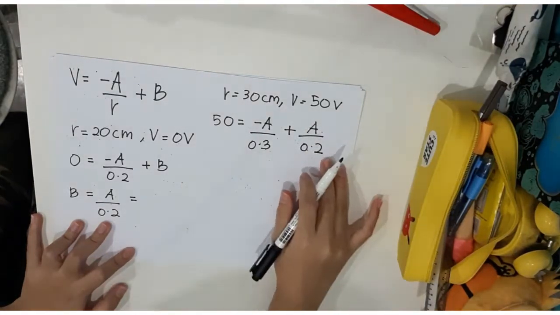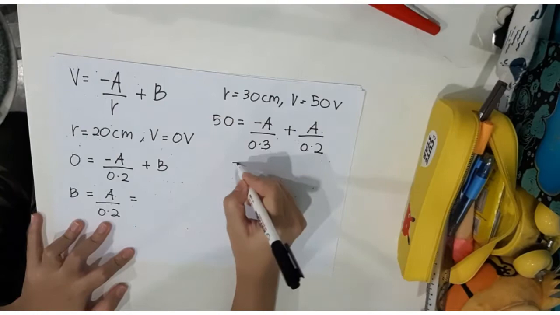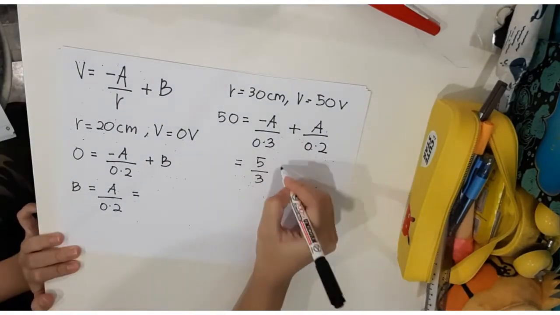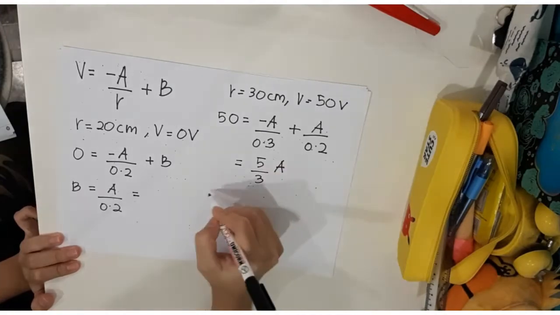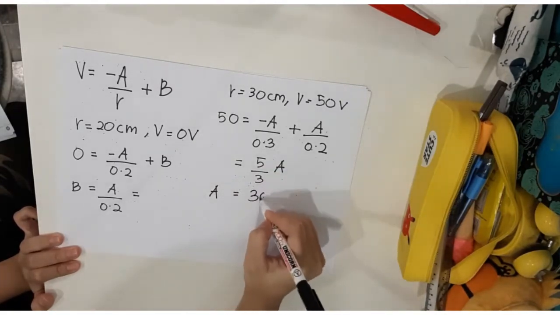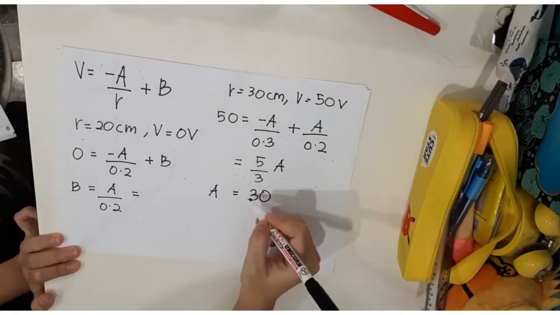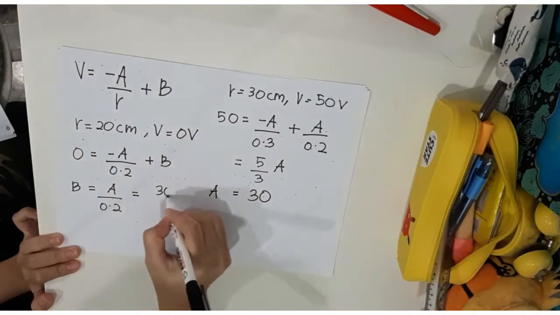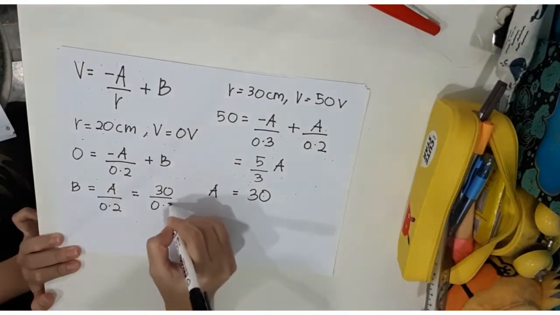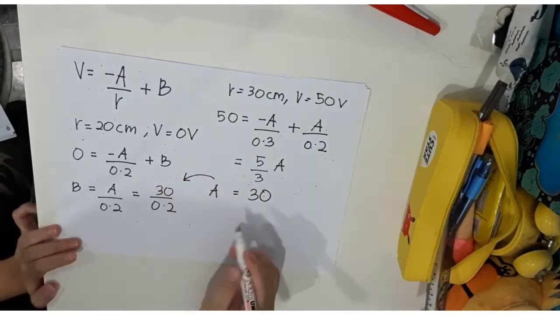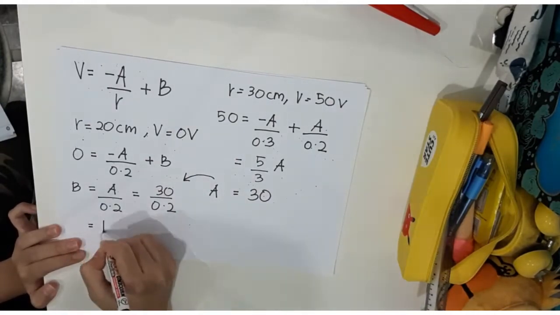From this equation, we solve it and we will get 5 over 3 A. At the end, we will get A equal to 30. So we can find the value for B. Bring this A into here, 30 over 0.2. Then we will get B equal to 150.